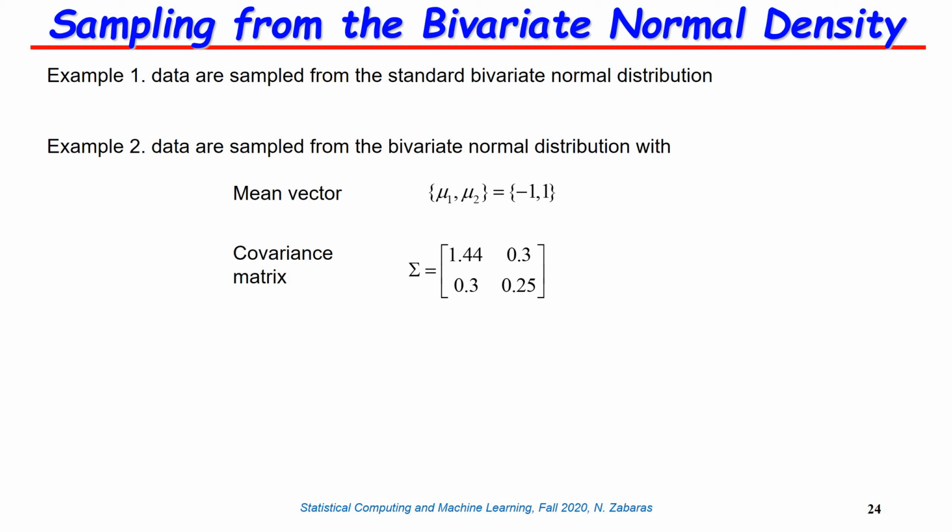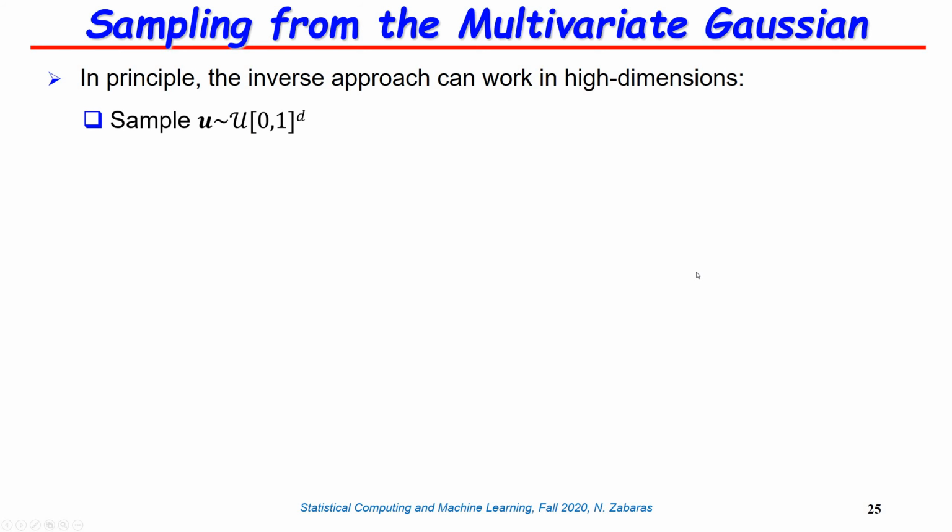So what I'm going to do is show you plots that are generated by taking samples with various means for this Gaussian that has mean mu1 and mu2 minus 1 and 1, and it has a covariance matrix given by this. I'm going to generate this with a little MATLAB program using different calls to different routines that MATLAB has.